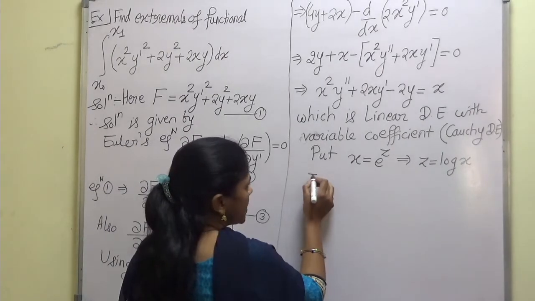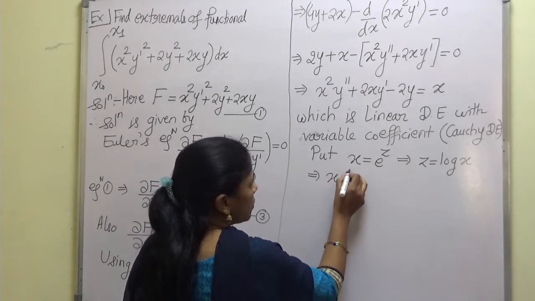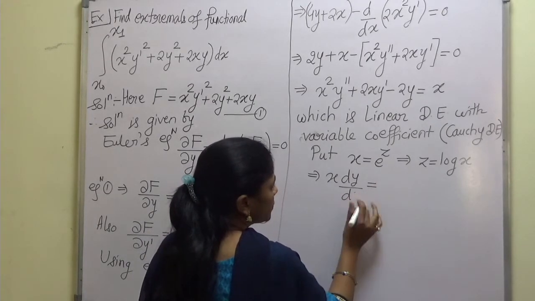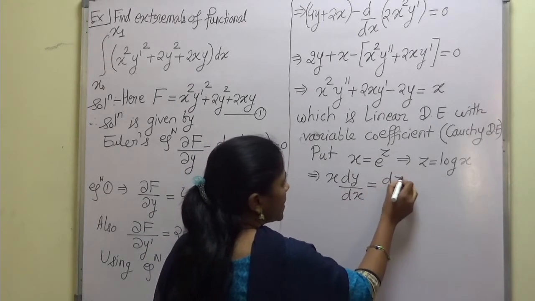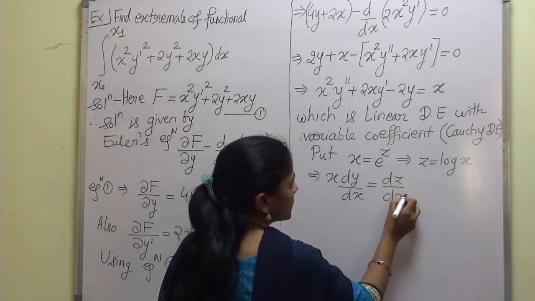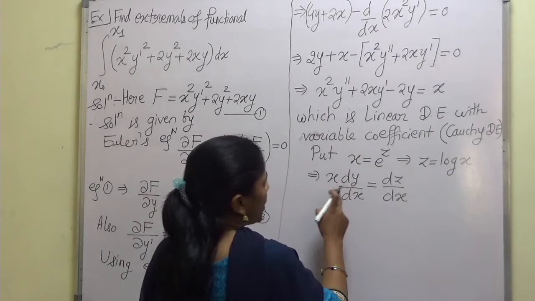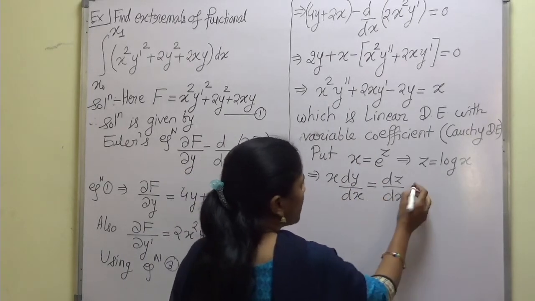So this implies x into dy by dx is equal to dy by dz. Here we have x into dy by dx equal to dy by dz.